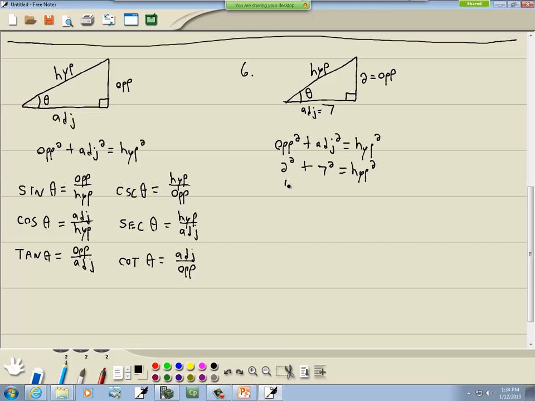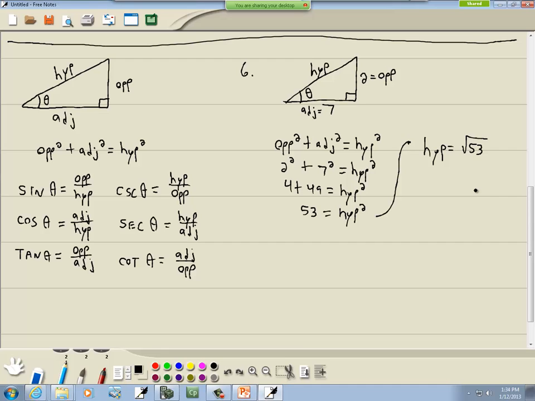That gives us 4 plus 49 equals hypotenuse squared, which gives us 53 equals hypotenuse squared. So we'll drop our squared, and we'll put a square root around the other side. And we get the square root of 53.